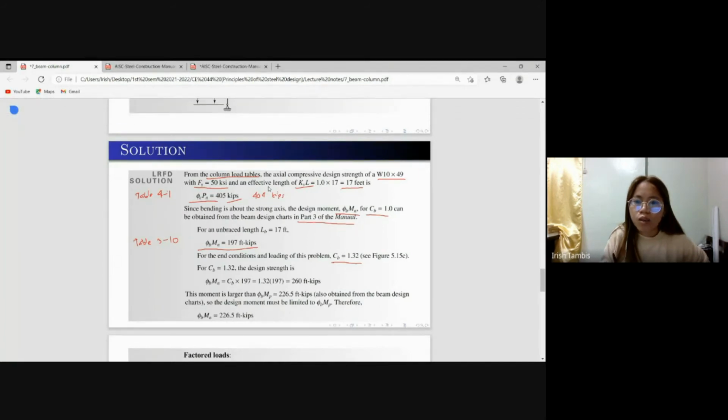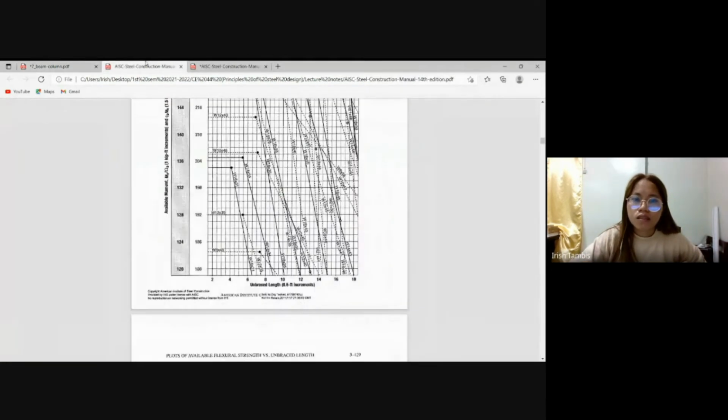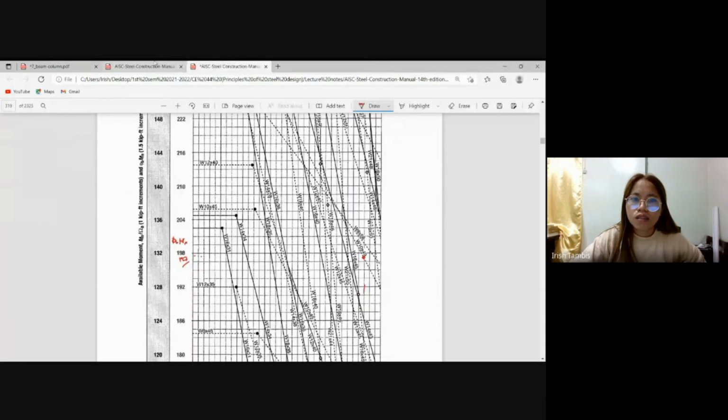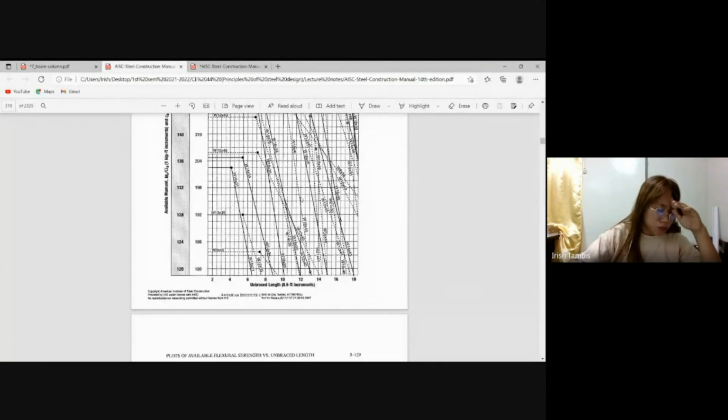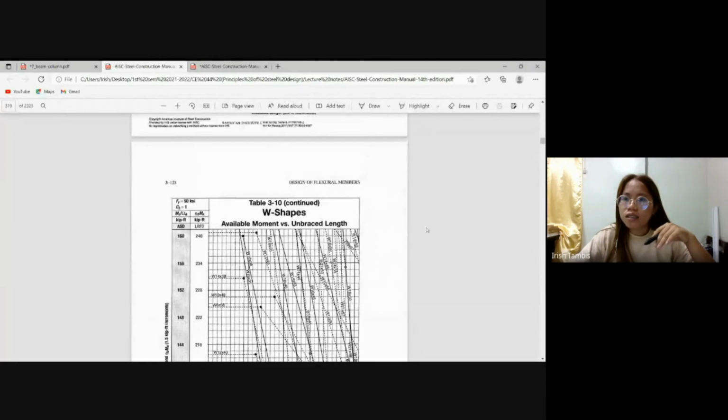All right. This 1.32 is also from the table. In the table, I forgot where I saw it. Table 3-1.